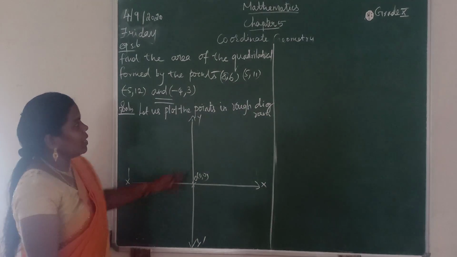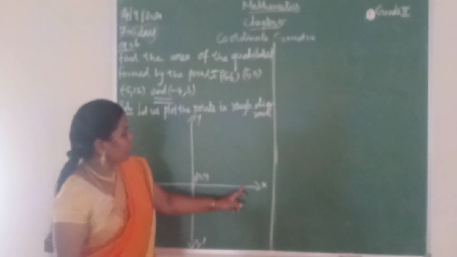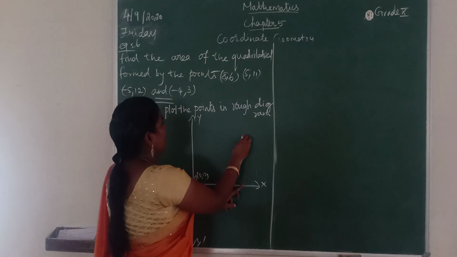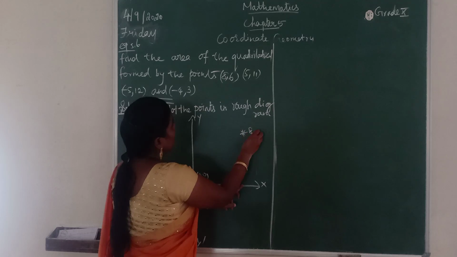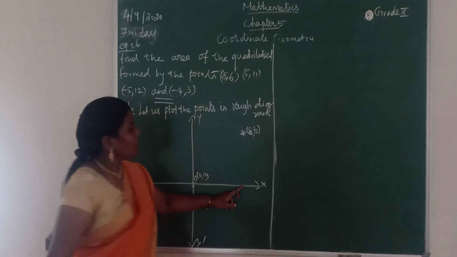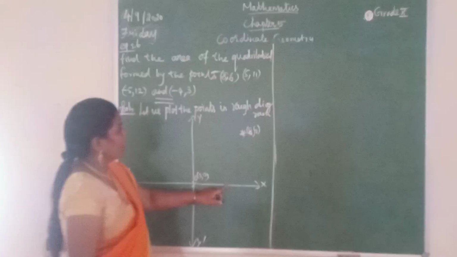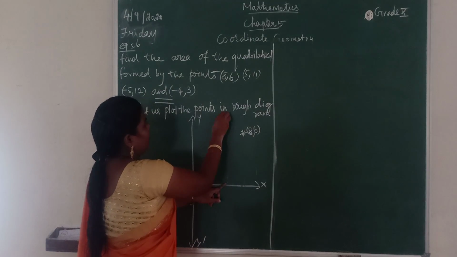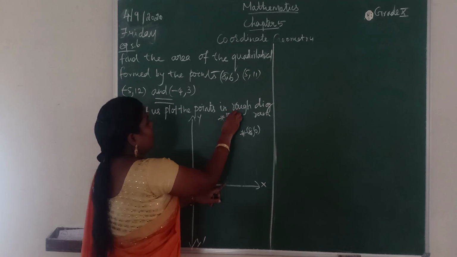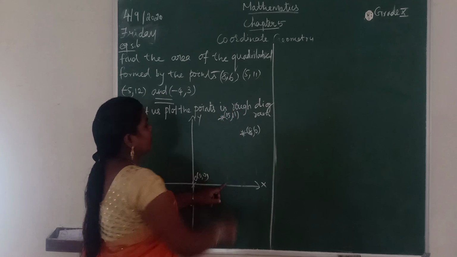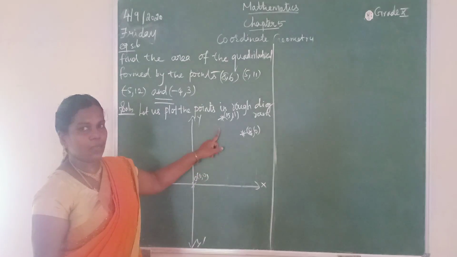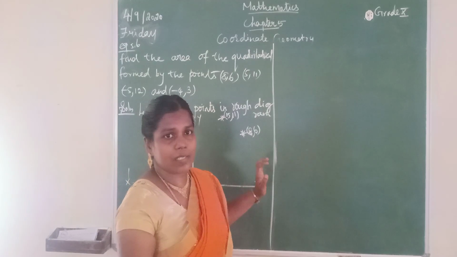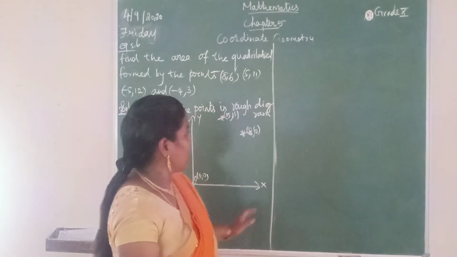First point is (8, 6): x value 8, and correspondingly approximately plot it and name it (8, 6). Next point (5, 11): x value 5, y value 11. You can plot it in the same normal paper, graph paper is not necessary.